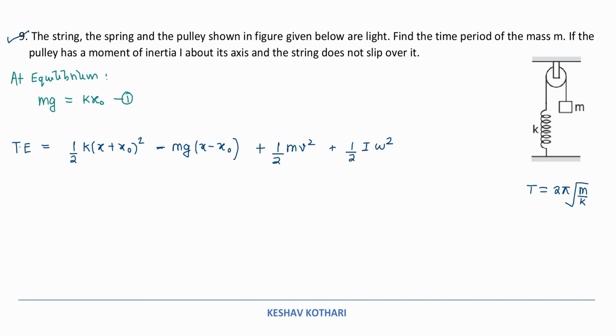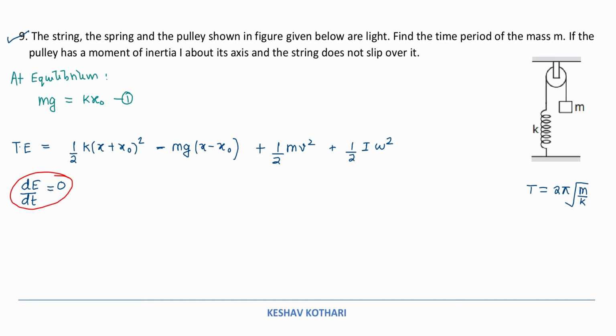Now during the course of SHM, total energy is conserved. So over here I can say that the derivative of total energy with time, d by dt, can be equated to 0. So this is the concept which we are using for this particular problem. We need to differentiate this equation and equate it to 0.